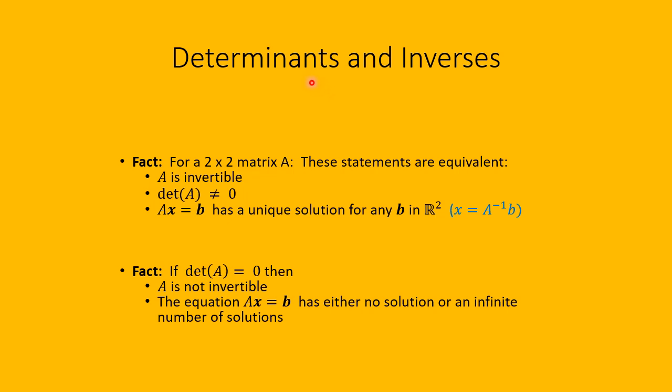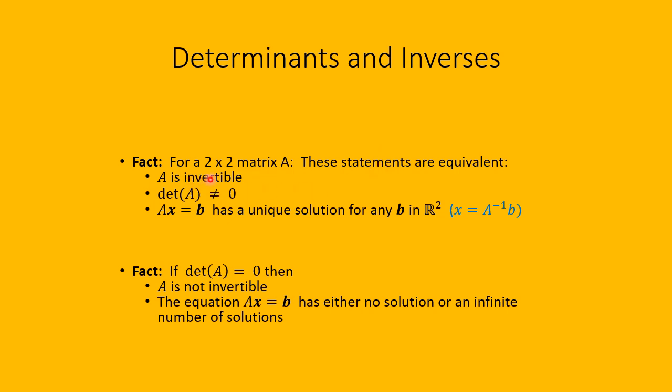Let's talk about the relationship between the determinant of a matrix and whether or not it has an inverse. We are still just talking about 2 by 2 matrices, but what we're about to say does hold for larger square matrices also. First fact, for a 2 by 2 matrix, these statements are equivalent.